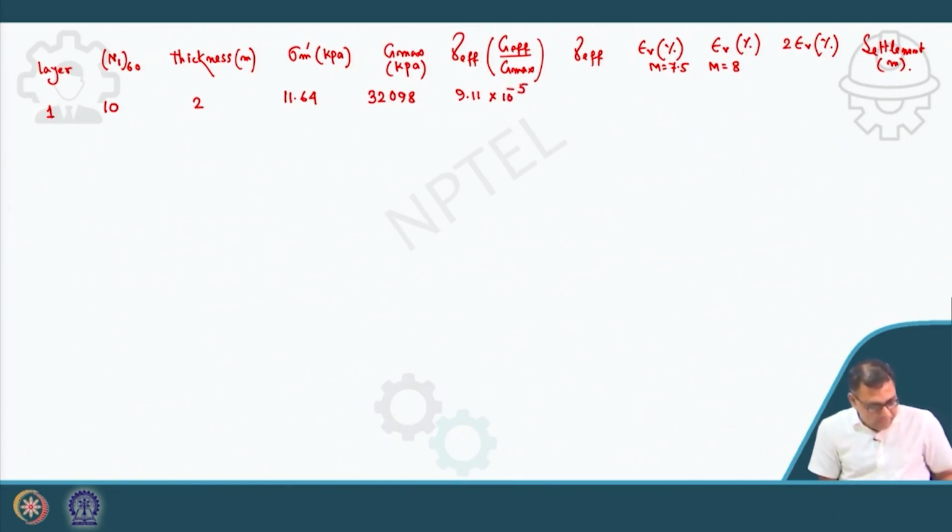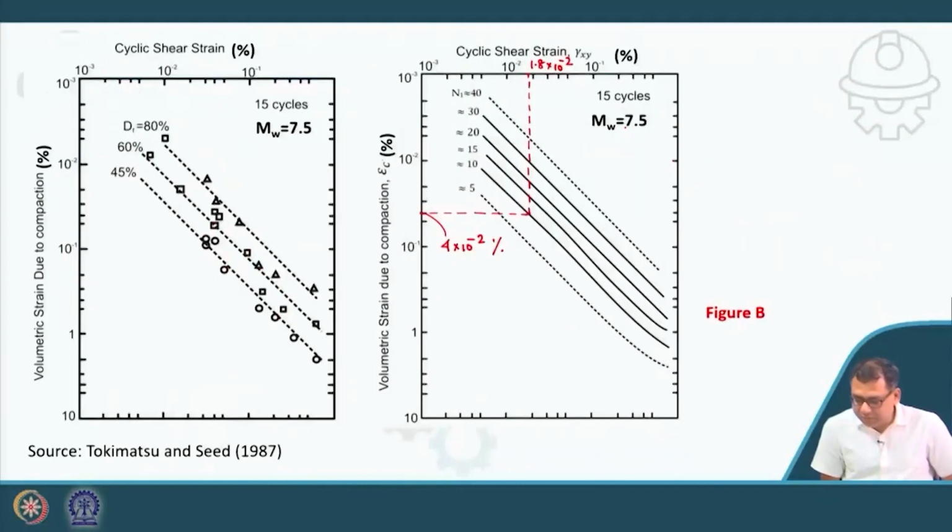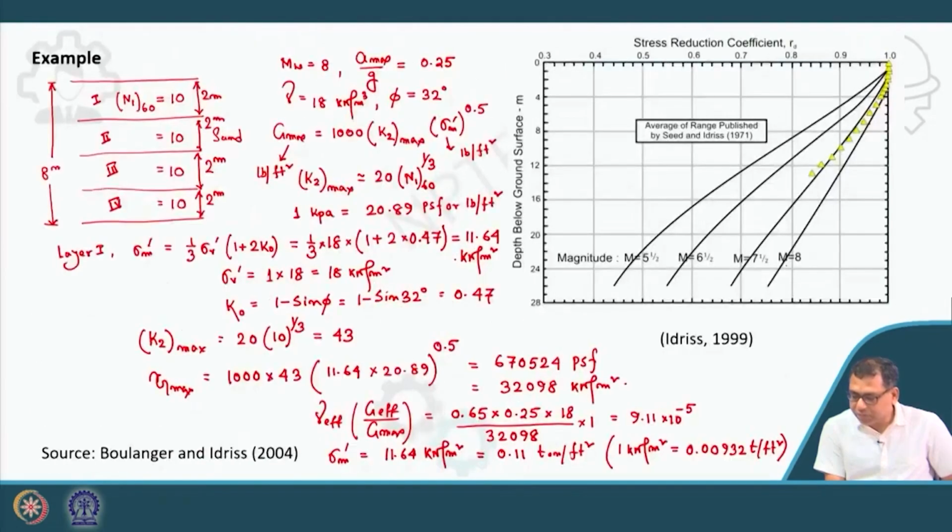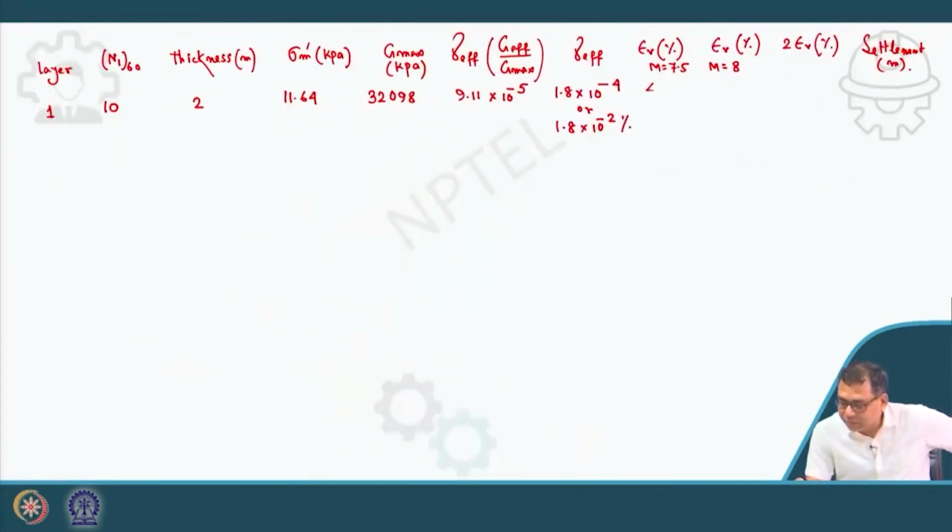And I am getting effective strain as 1.8 into 10 to the power minus 4, or 1.8 into 10 to the power minus 2 percentage. Now the volumetric strain, how much have I got? The volumetric strain is 4 into 10 to the power minus 2 percentage.